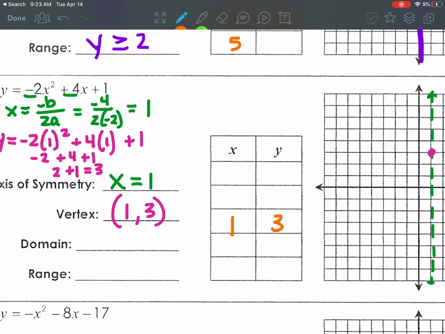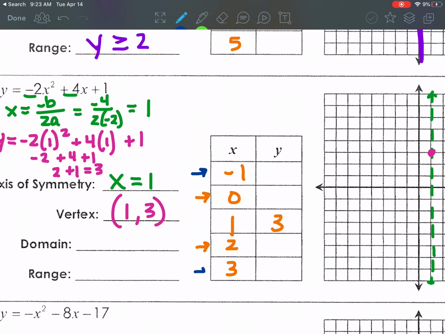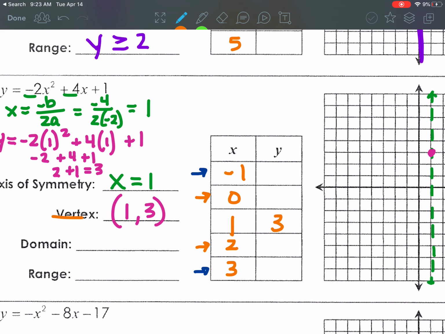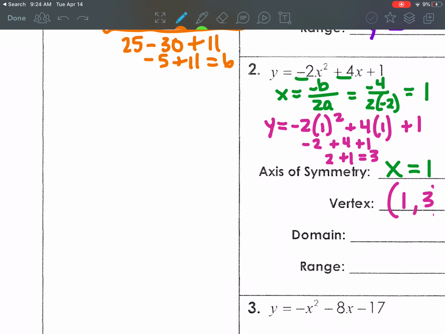Okay. Now, next step, put that vertex right in the middle of your XY table. You want to choose 2 points bigger than the x value, 2 points less than, okay? Your 0 and your 2, these y values should be the same, and then the -1 and the 3, those y values should be the same. So, let's double check. 0 is an easy one to do.